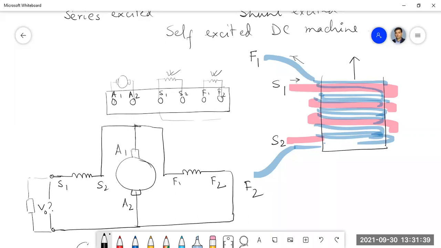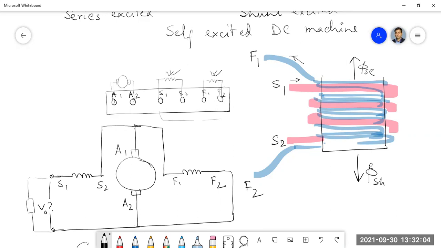So that means the flux which will be generated by the shunt field coil, and the series field coil flux, will be opposing each other.